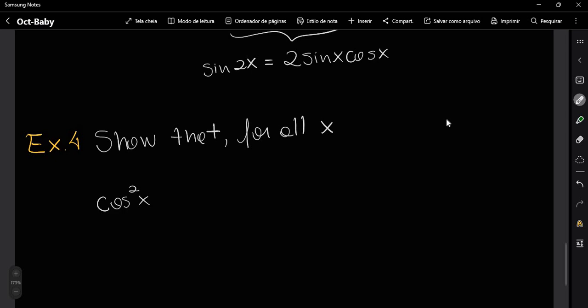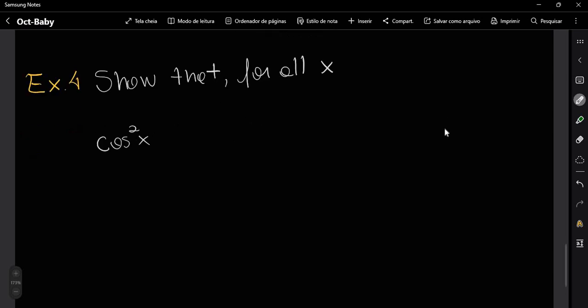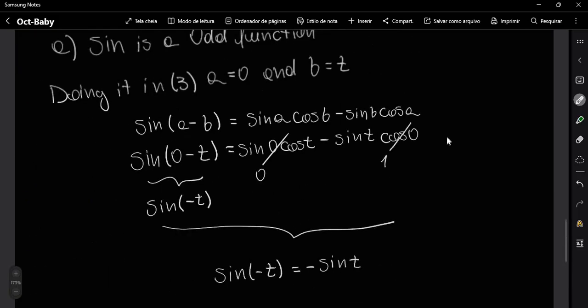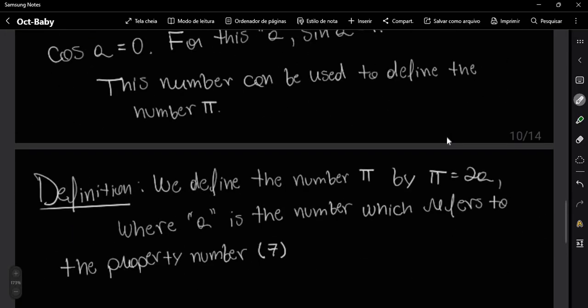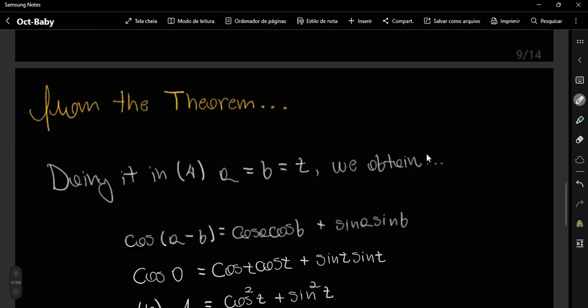So now we want to find the cosine square of x, knowing all these properties that we already saw. So first property, and let me say what number is this property. I think it is the number 6.